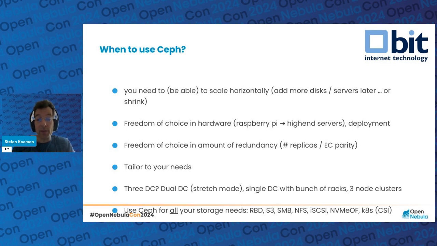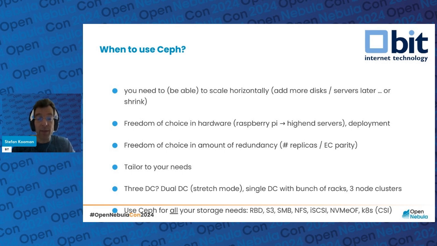So you can use 3 data centers, dual data centers, single data centers. You have a bunch of racks or a couple of nodes. It's all fine. Just tell Ceph what you want to use.